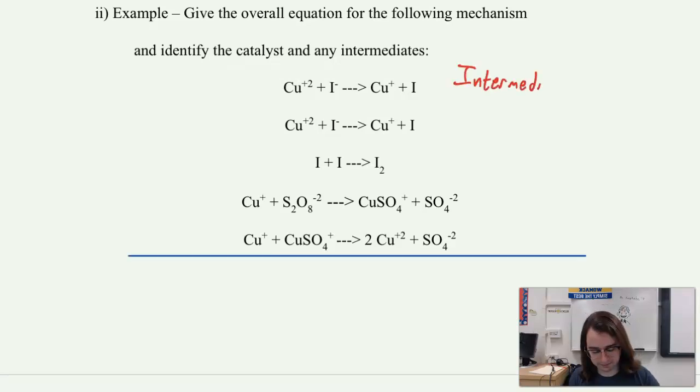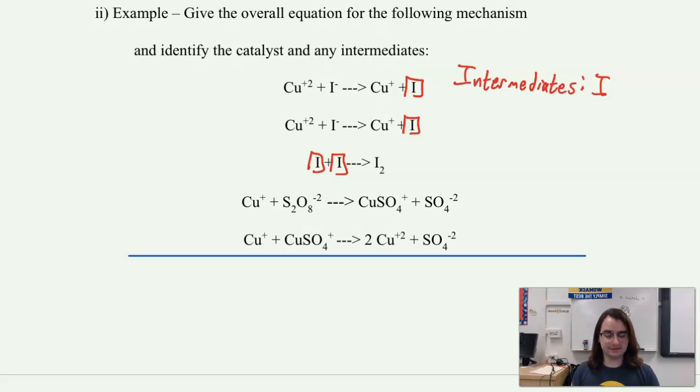All right. So let's identify the intermediates first. Remember that an intermediate is something that shows up as a product and is later used up as a reactant. So I would say I is one of those things because it's used up here. Actually I got two of them. I spelled intermediates wrong. How embarrassing.